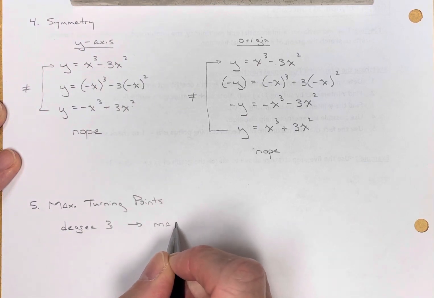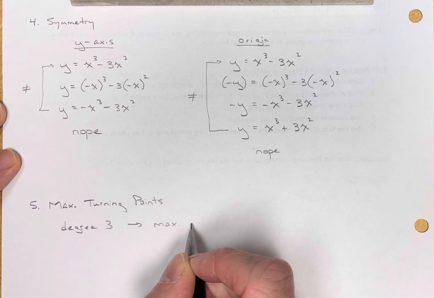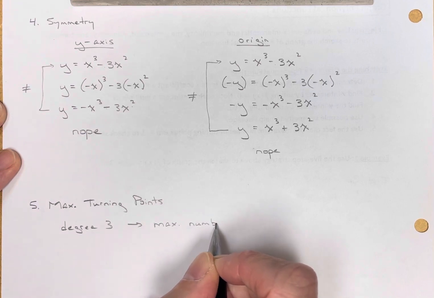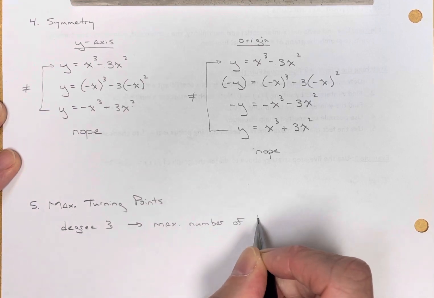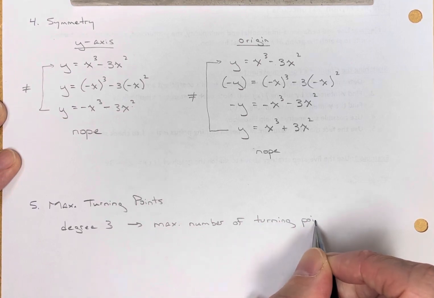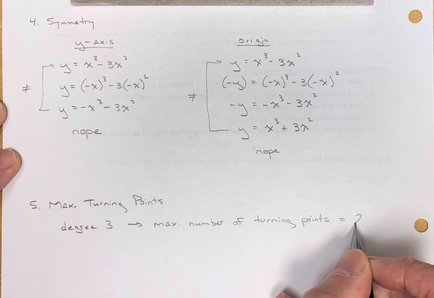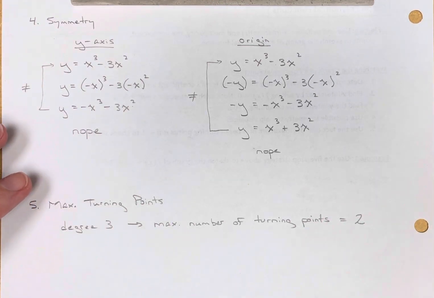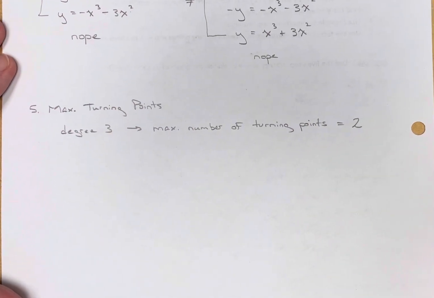So the maximum number of turning points is 2. And that's just checking to make sure that our graph makes sense.